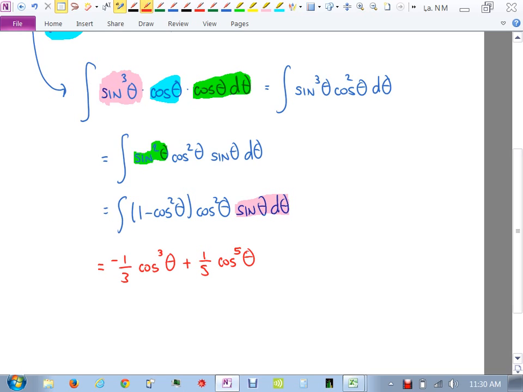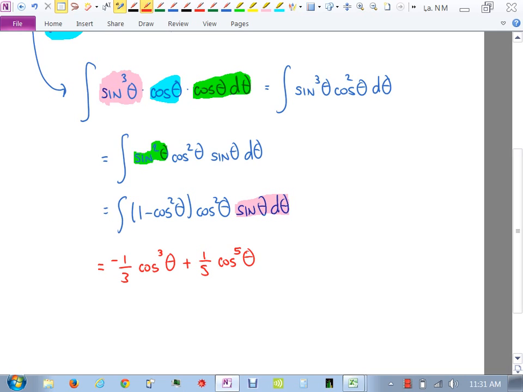My substitution was u as cosine, so the derivative is negative sine, so I've compensated for the negative already. That's just the antiderivative. I'm not showing the work. We can check it. You could check it yourself. Okay. And then plus your c.